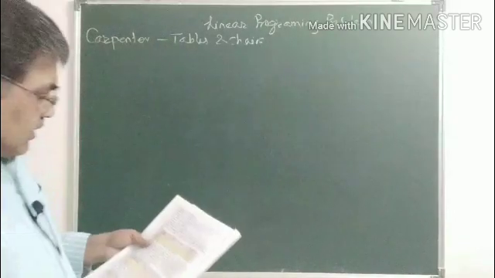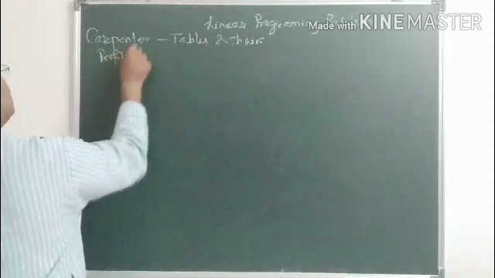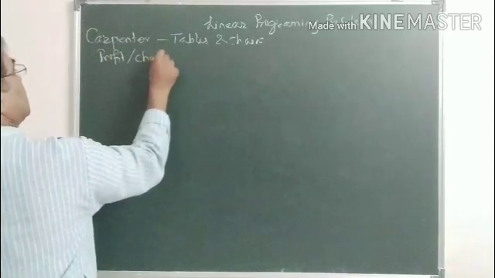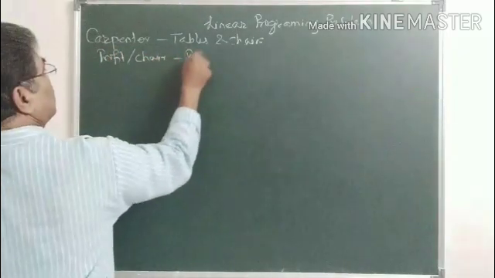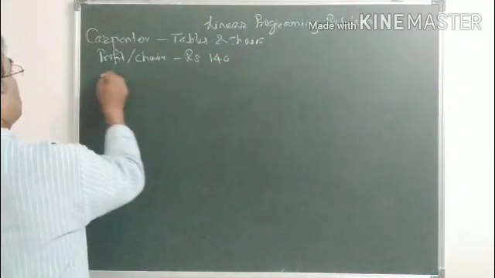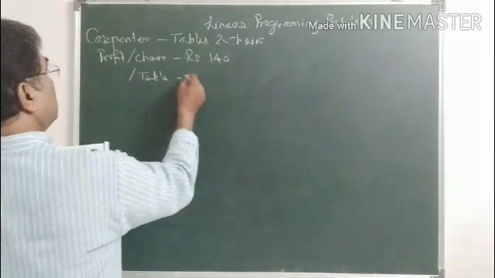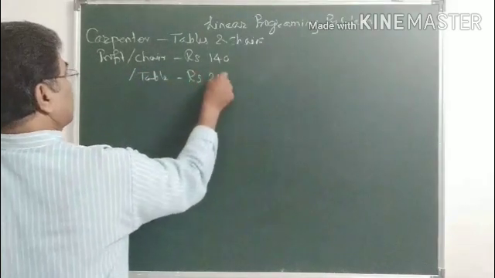Profit per chair is given to be rupees 140. Per table, profit is given rupees 210.